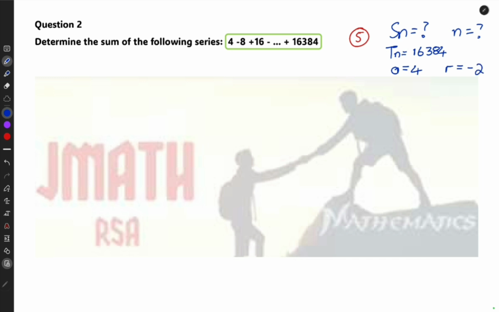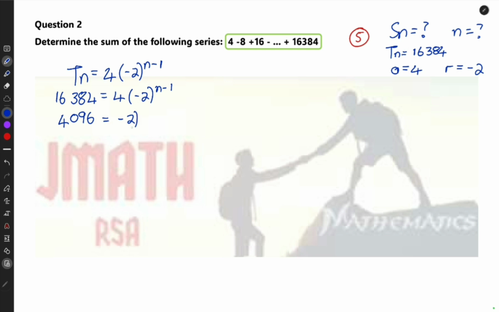So first going to do the Tn formula. So Tn equals 4 times -2 to the power n minus 1. I can then sub in, so 16384 equals 4 times -2 to the power n minus 1. I'm going to divide by 4 on both sides. It's going to give me 4096 equals -2 to the power n minus 1. So I want to get both bases to a -2.